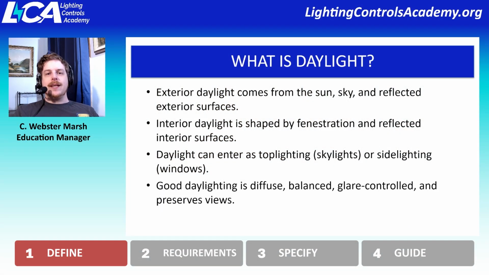And ultimately, good daylighting, which is when you're starting to manage the daylight that's coming in, wants to be diffuse. You don't want that super bright, glary sunlight hitting your face. It's a lot more comfortable when it is managed and controlled and the glare is cut down. So that's one of the first steps of daylighting, to just manage how that daylight is coming in through that fenestration.